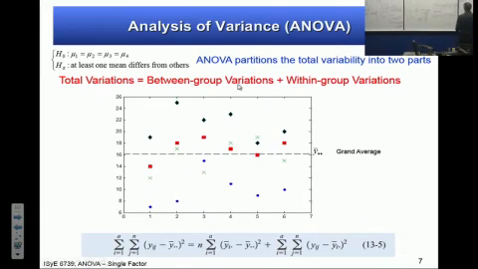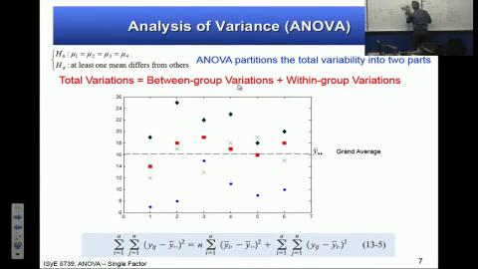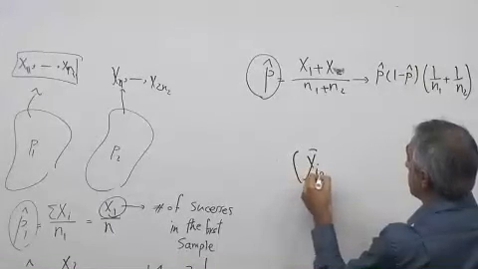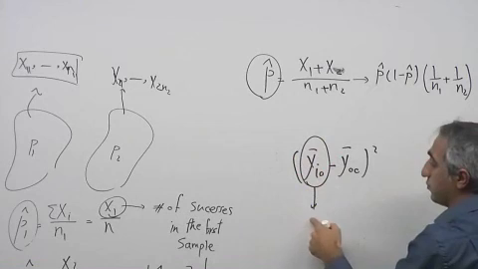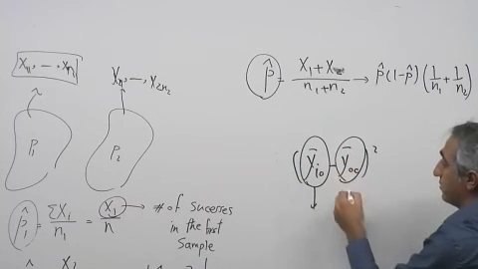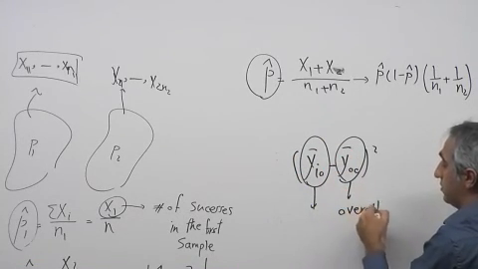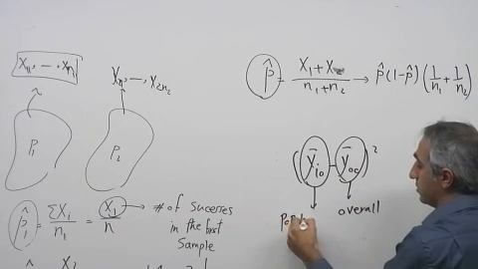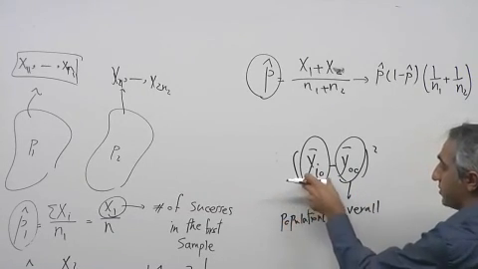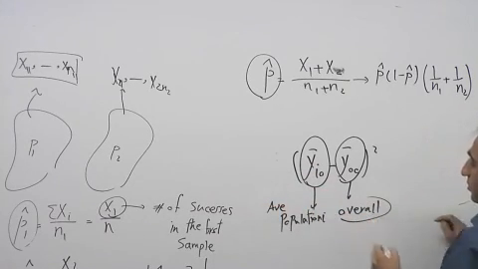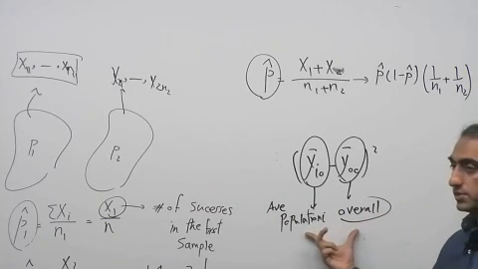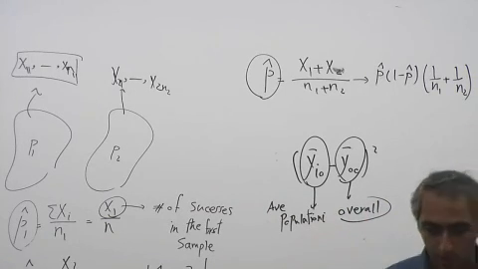So basically, again, we're almost out of time. I'm going to wrap it up very soon. So it's this one. This is for population i, subtracted from the overall. The difference of the mean of population i from the overall average. So this difference is the between population variation.